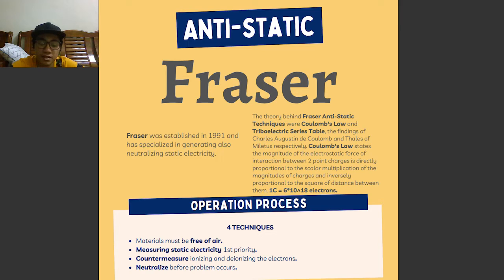So Fraser Anti-Static basically measures the ionization of the electric field, and then it counters the measured polarities to neutralize the field of the materials that have been measured.